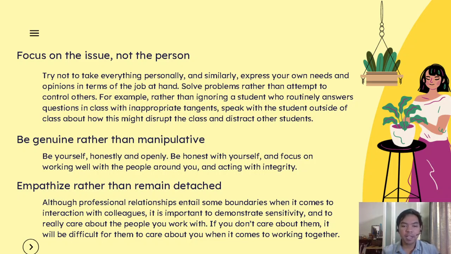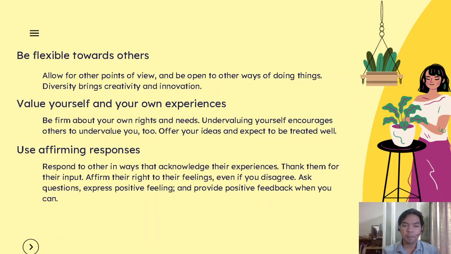Next is we have empathize rather than remain detached. As I've said, it's important for us to empathize with the speaker, the sender of the message. Next is we have be flexible towards others.